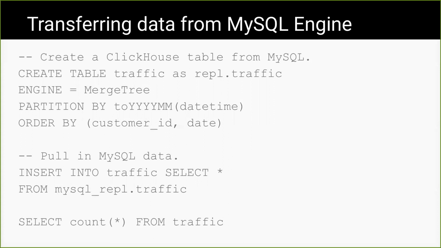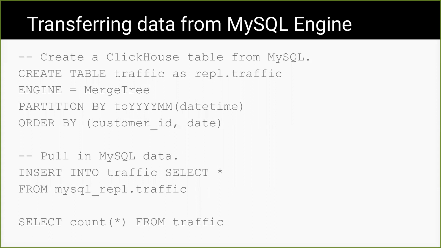If we want to create our own version of this, we can do a create table command, set the engine to be MergeTree, and add a partition by. This command is slightly misleading; there was a typo, and that should say MySQL REPL.traffic.